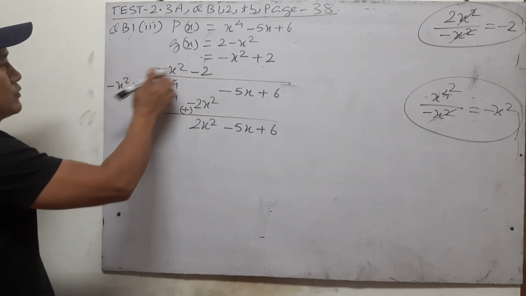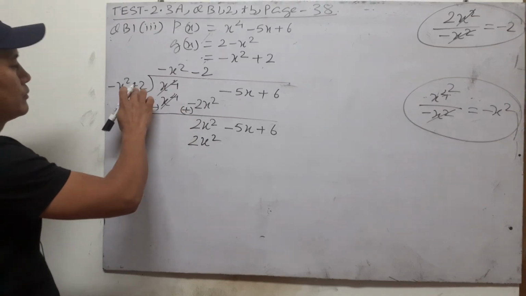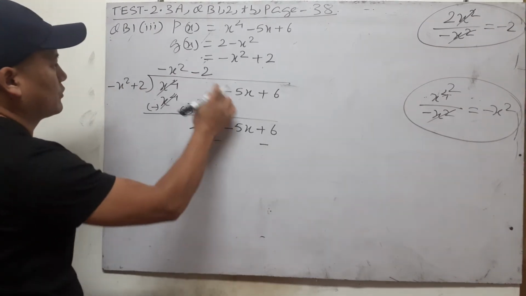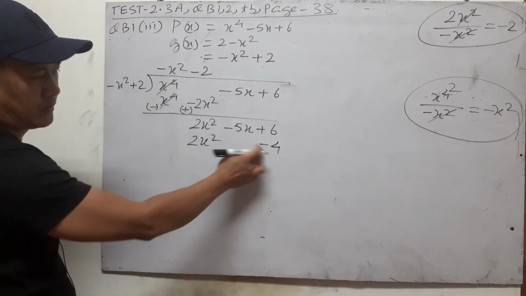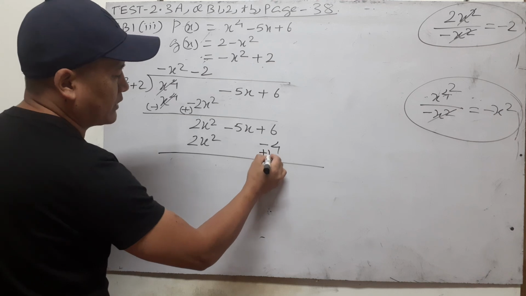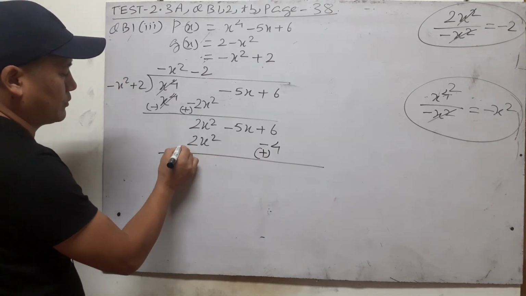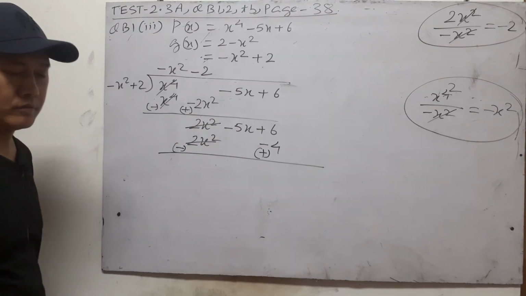Plus 2x squared. Minus into plus, minus 4. There is no x here, so I cannot put it there. Change the sign of the lower terms, so minus 4 becomes plus 4, plus 2x squared becomes minus 2x squared. So minus 2x squared plus 2x squared is 0.